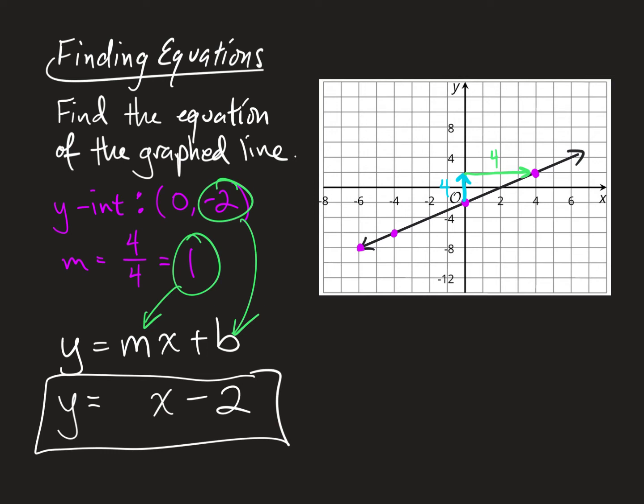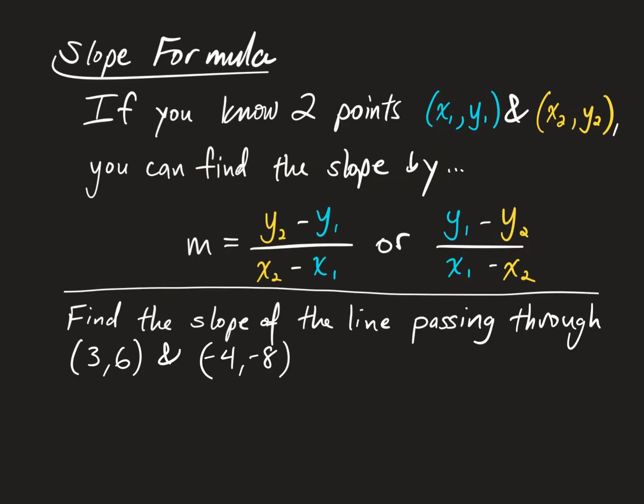What if we started looking at finding equations, but you didn't have a picture? You would imagine it would get a little harder, right? The slope formula. The slope formula is needed if you aren't given a graph to work with, or maybe you just don't have graph paper, like most people in their everyday life.